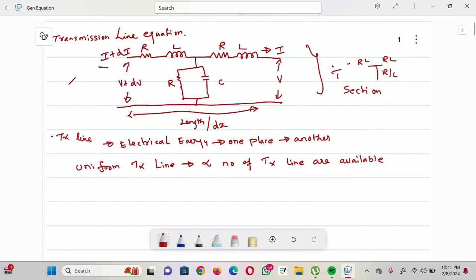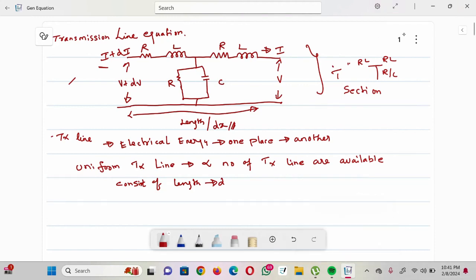Each transmission line consists of a length dx. So this is the basic information about the transmission line.